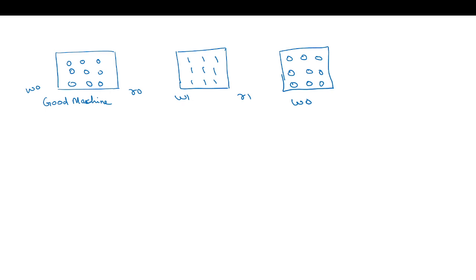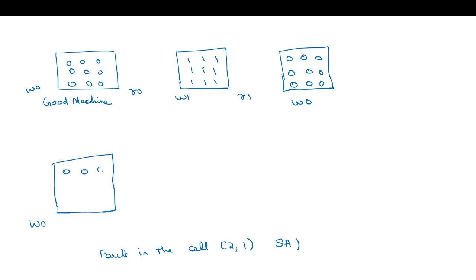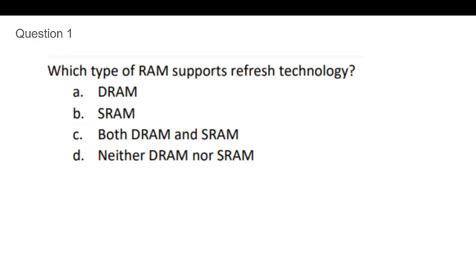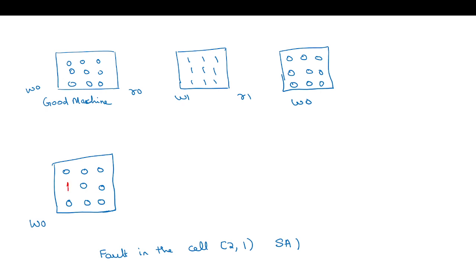The memory content. Next, let's consider a fault in the cell 2, 1, which is stuck at 1. So first operation is to write a 0. The content of these cells, there is no problem. But the 2, 1 will be 1.